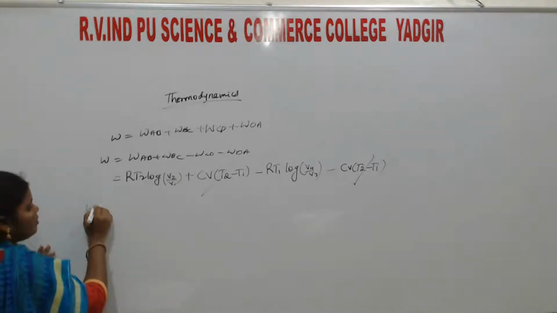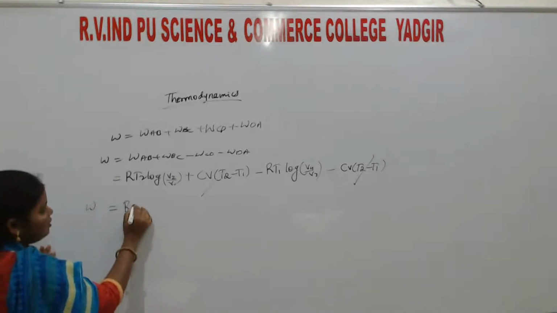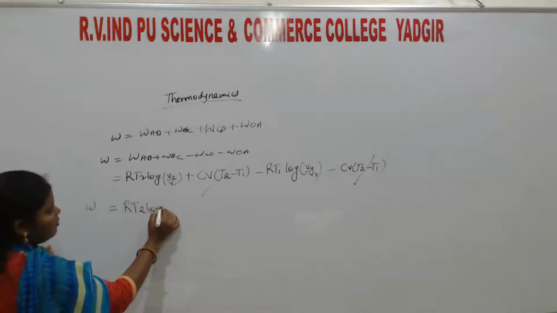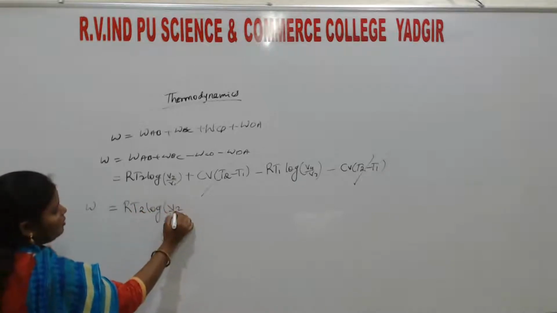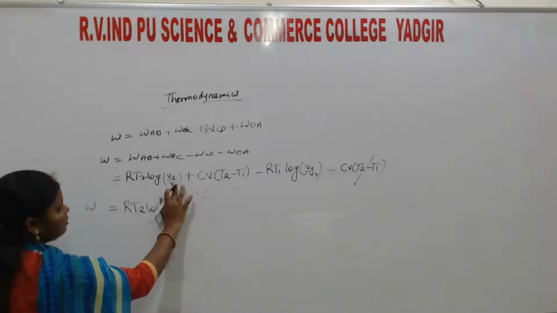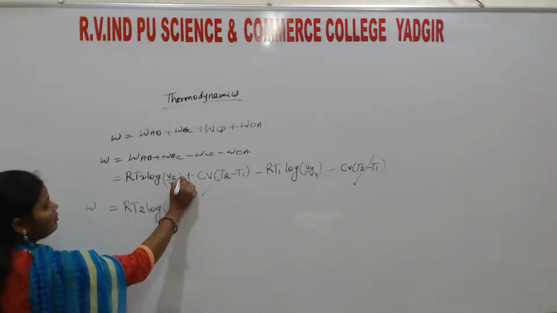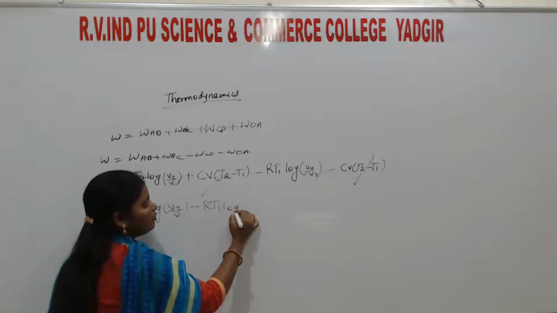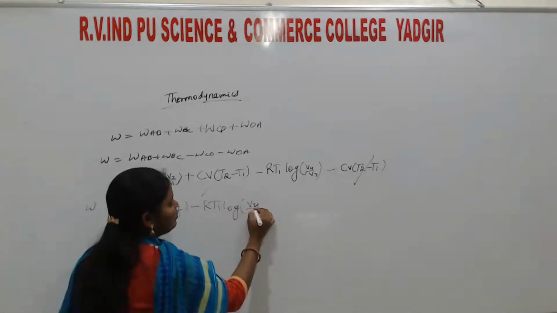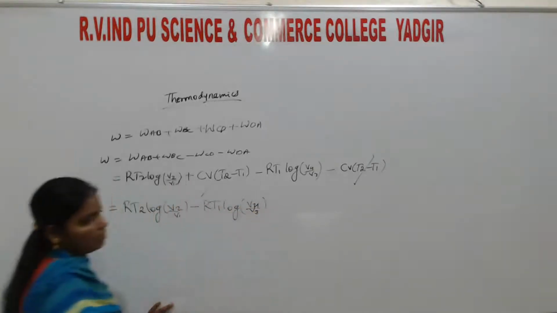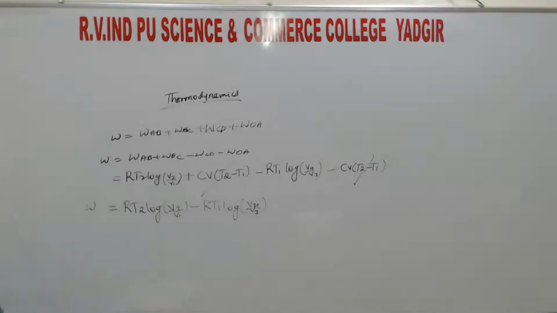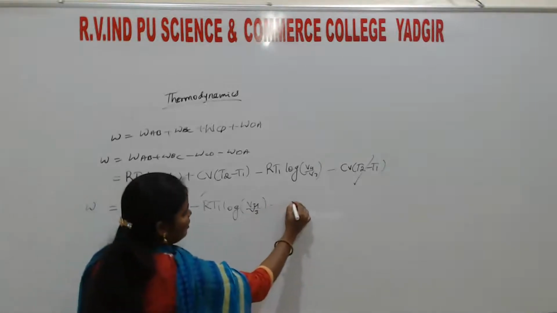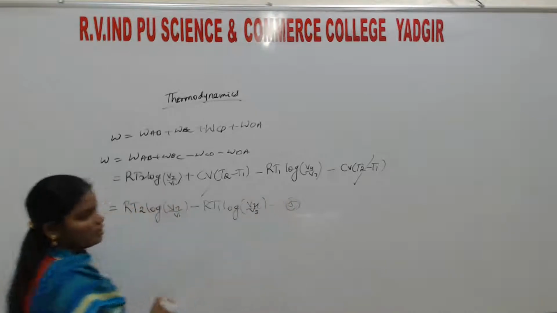Therefore W is equal to RT2 log of V2 by V1 minus RT1 log of V4 by V3. This is equation number 5.